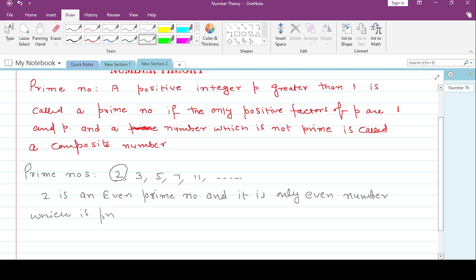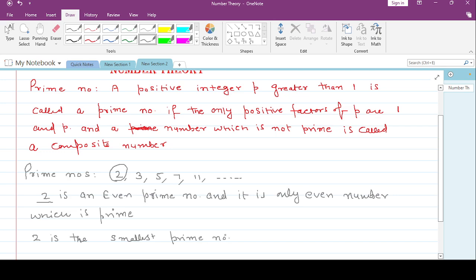We do not have any other even number which is a prime. So 2 is an even prime number, the only even number which is prime, and 2 is the smallest prime number.